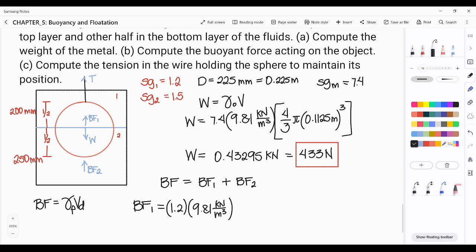Ang mangyayari dito, yung volume natin, di-divide lang natin sa 2, kasi kalahati ay nasa fluid na yun. So, let's do that. 4 over 3 pi 0.1125 meters cube tapos divide 2. Yeah. So, pressing that into your calculator, you'll get the buoyant force exerted by fluid 1, which is approximately 0.035 kilonewtons.